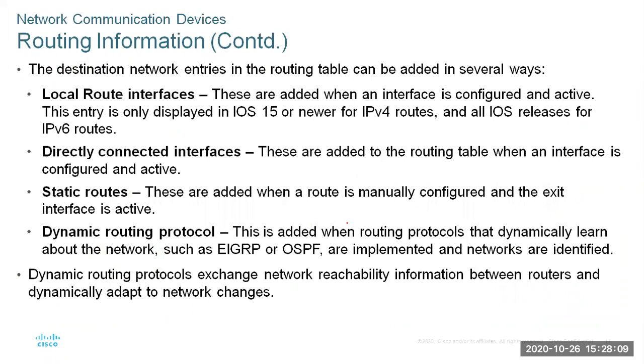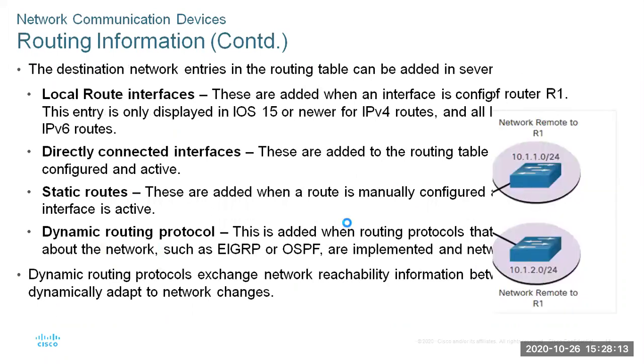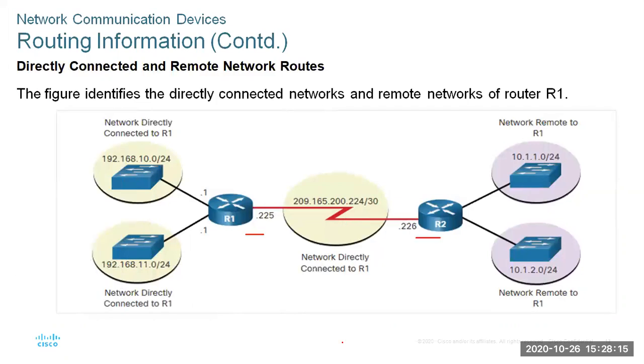So, the destination network entries. Now, if you look at this, for instance, you see this router 1 is connected to two different networks. This network and this network. All right, and this network is directly connected here, directly connected here, and this router is directly connected here.